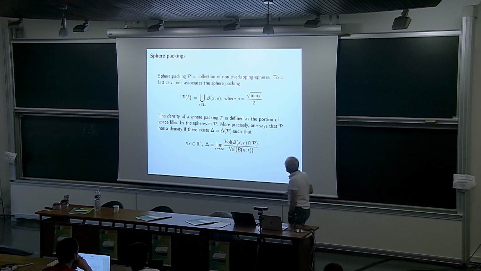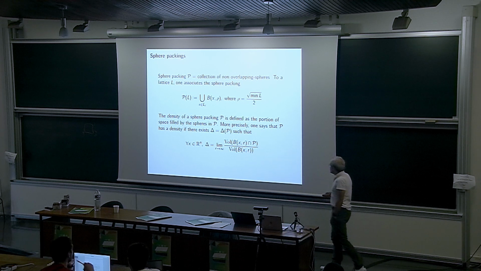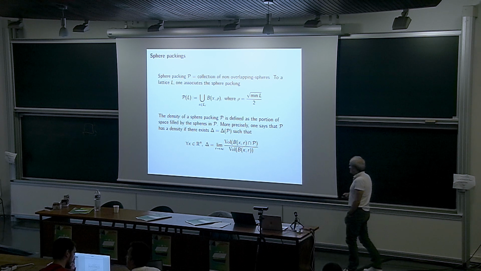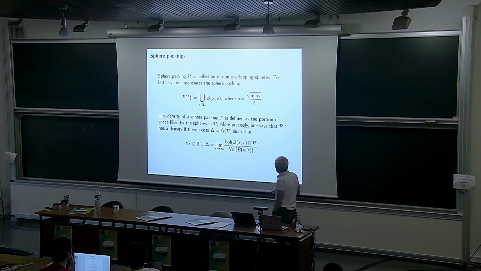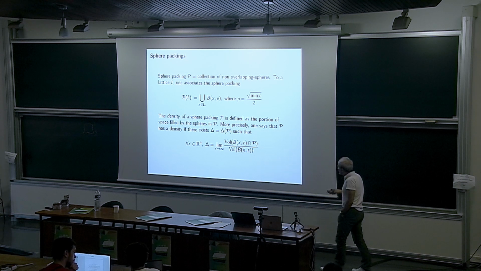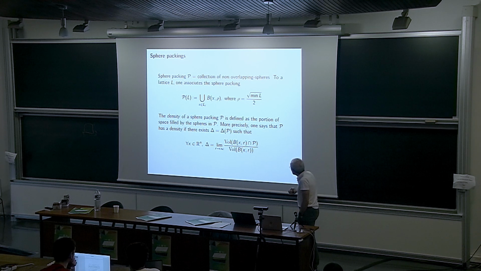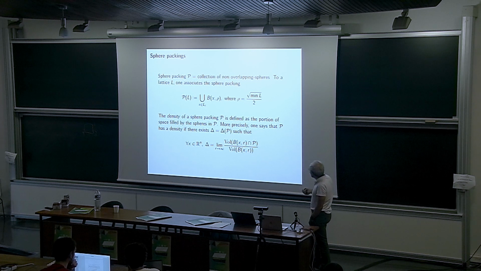To evaluate the density of such a packing, you just compute the size of the intersection of your packing with a big ball of radius R. Then you evaluate the ratio of space you get by taking the intersection, and take the limit as the radius grows.